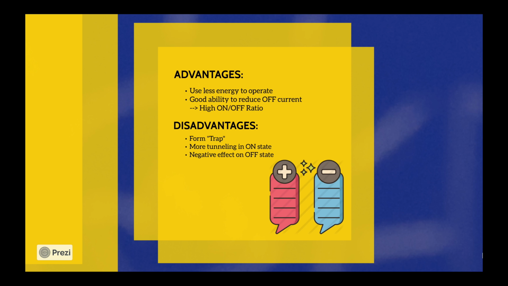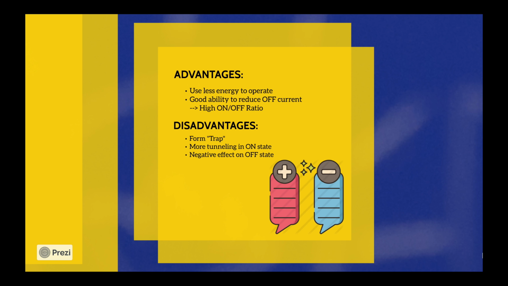First, it can use less energy to operate. And second, it has a good ability to reduce off current. So the on-off ratio is relatively high, and the higher the ratio, the better the device and its ability. On the other hand, during the manufacturing process, traps can be formed.